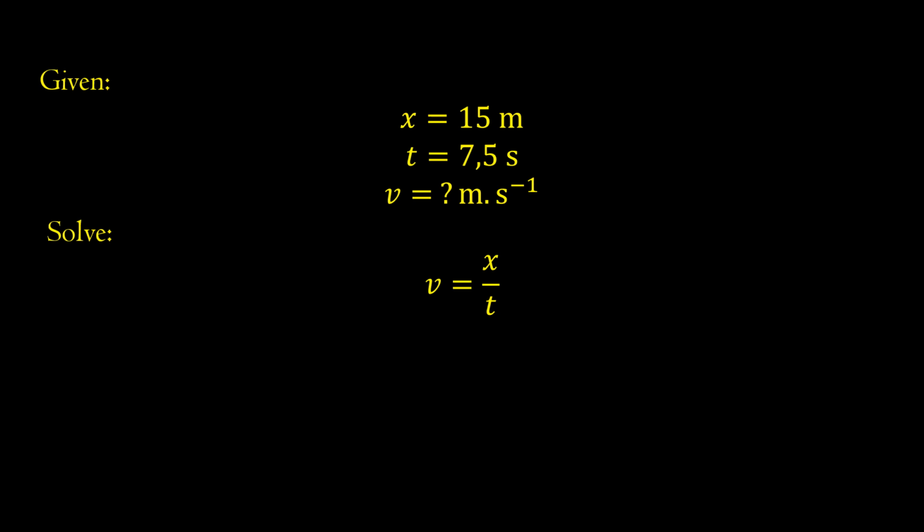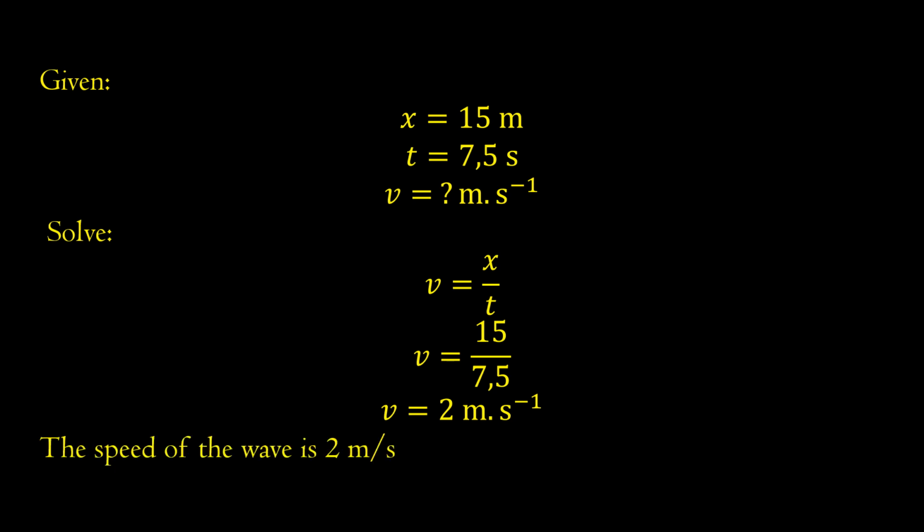From here, it's just a matter of substituting the known values of the distance, which is 15 meters, divided by the known value of the time, which is 7.5 seconds. If you do that, you have that v equals 15 divided by 7.5, which will give us 2 meters per second. Therefore, the speed of the wave equals 2 meters per second.